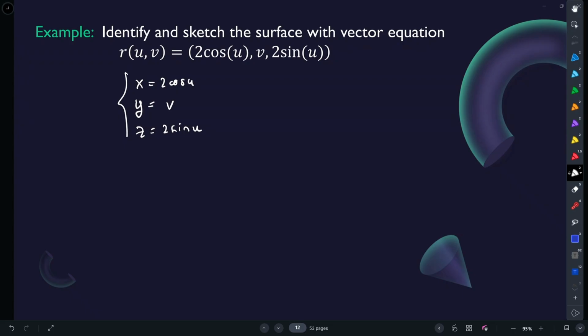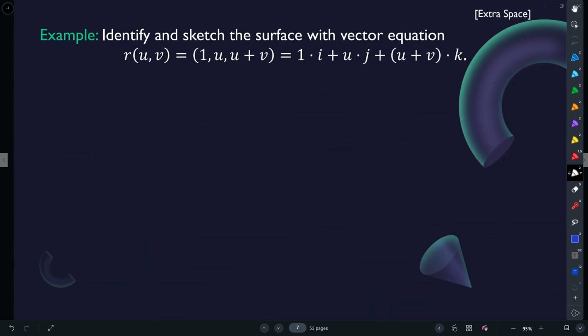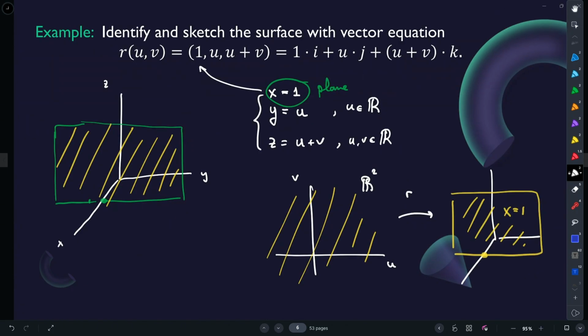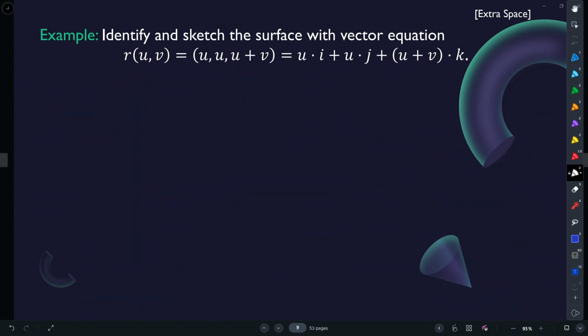So you're trying to find relations between these variables, what we did before. In this example, we just found that x is 1, and then y and z can be anything. In this example, we figure out that x equals y, and that was the algebraic relation that basically describes every point that is parameterized like this.